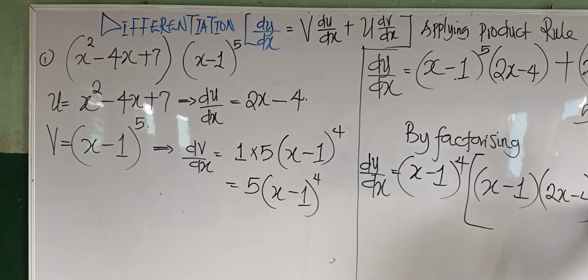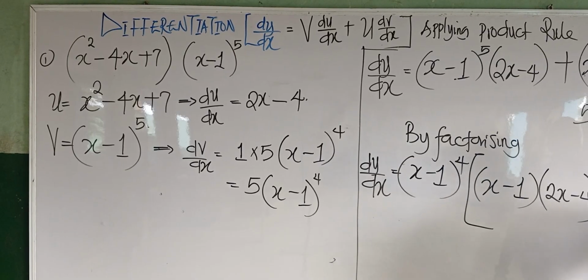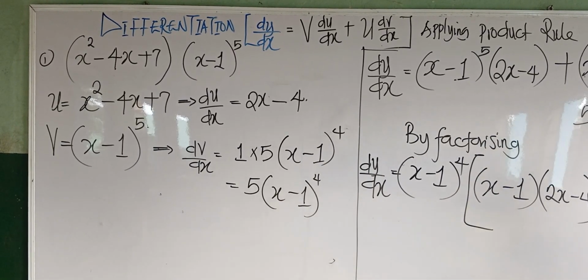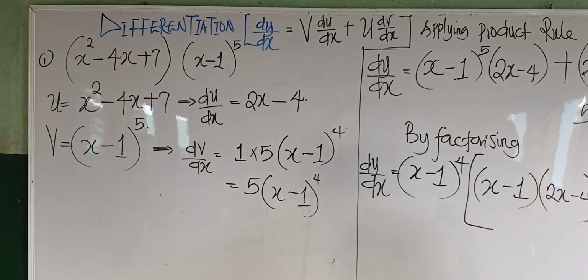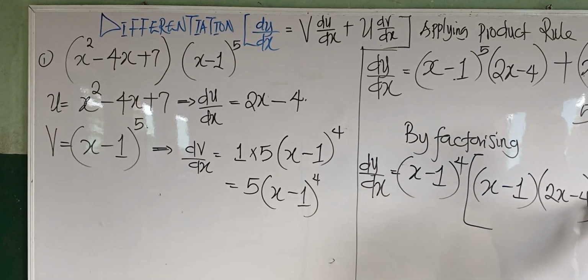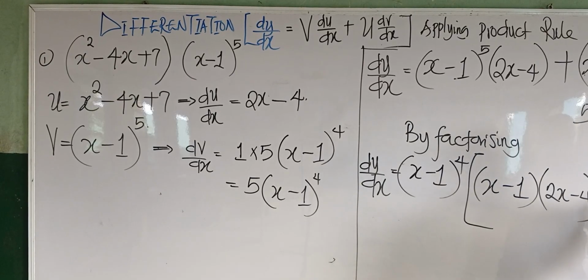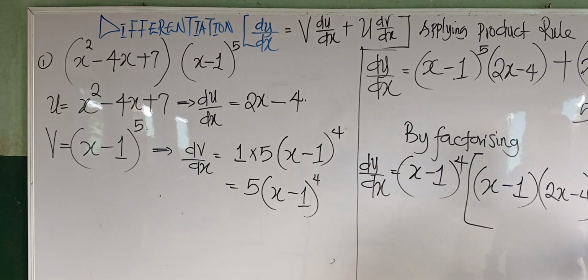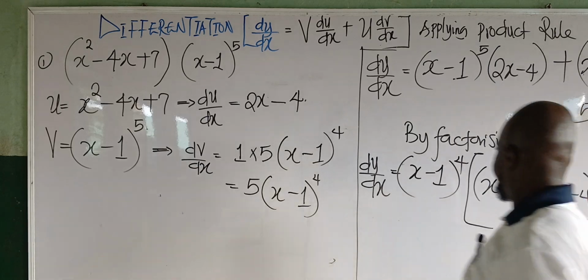I'm going to have 5 into bracket x squared minus 4x here. Plus, then I'm having 5 into bracket x squared minus 4x here. Then plus 7 here. So this is what I'm having in this case.